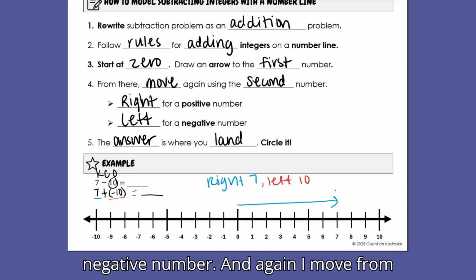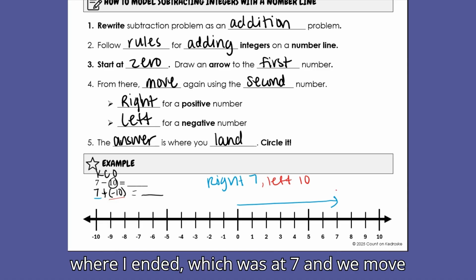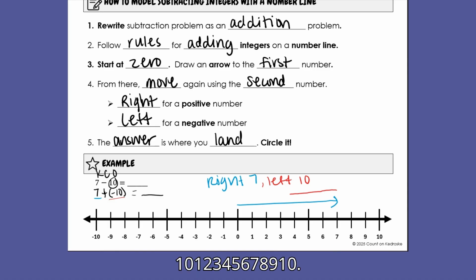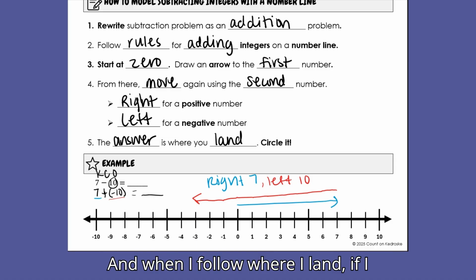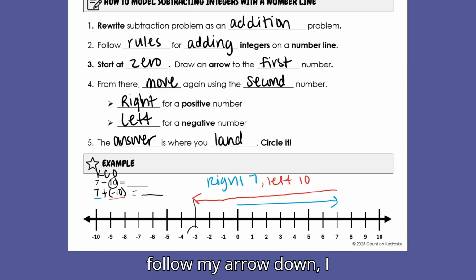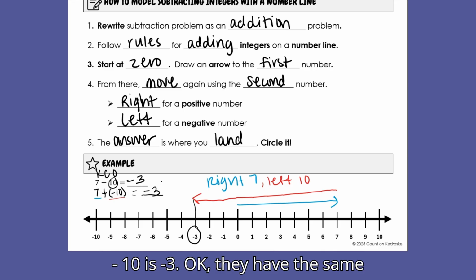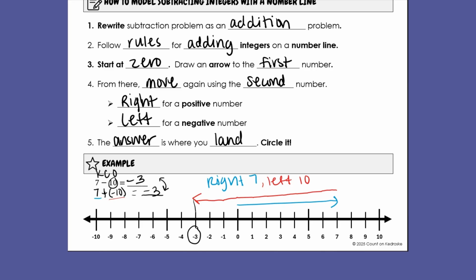And again, I move from where I ended, which was at 7. And we move back 10. 1, 2, 3, 4, 5, 6, 7, 8, 9, 10. And when I follow where I land, if I follow my arrow down, I ended at negative 3. That means 7 plus negative 10 is negative 3, and also 7 minus 10 is negative 3. Okay, they have the same answer.